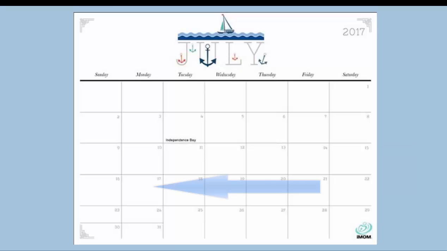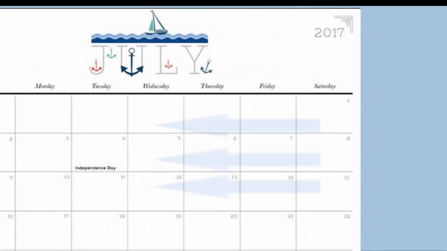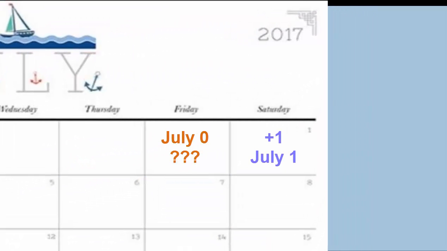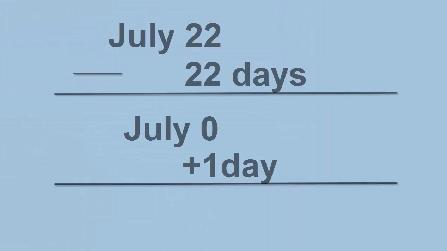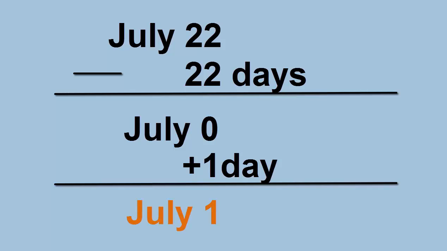That would be July 0, which doesn't exist. So it then adds a day, plus 1, to arrive at July 1. This query will use the current date, count back the number of days, then add 1, so it will always be starting with the 1st of the current month.